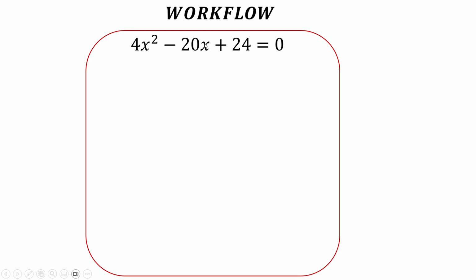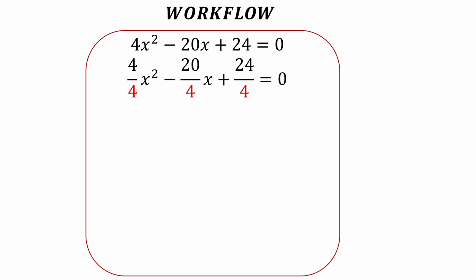Anytime you get a quadratic equation whereby the coefficient of x squared is not 1, try and see if you can simplify the equation by dividing through by a number which can reduce the coefficient of x squared. For this particular question, we can divide through by 4.